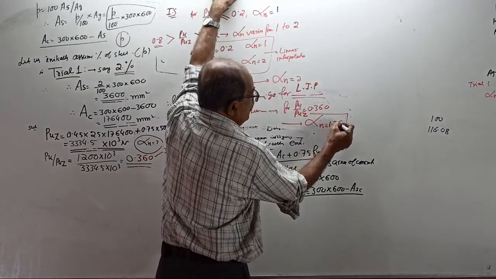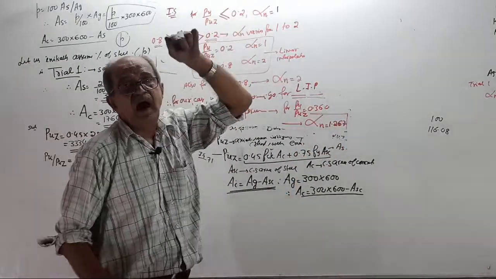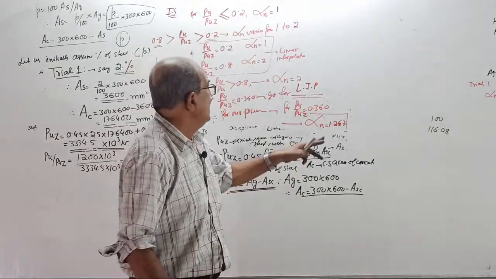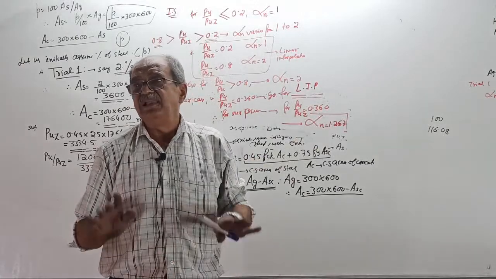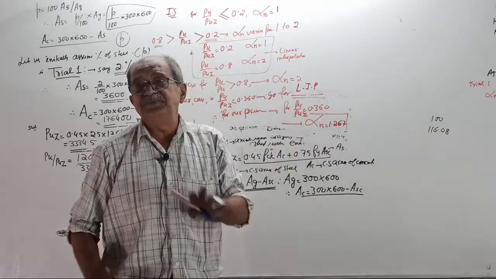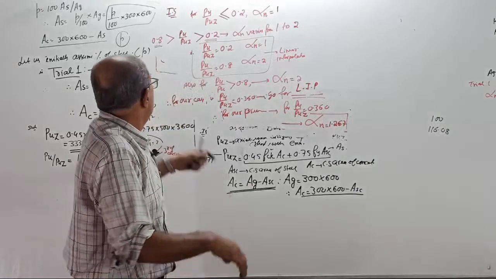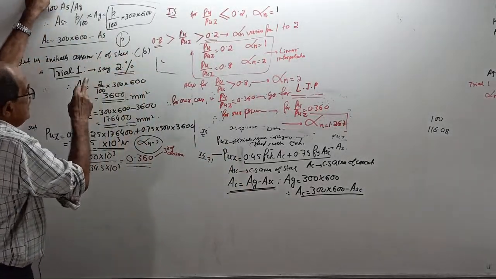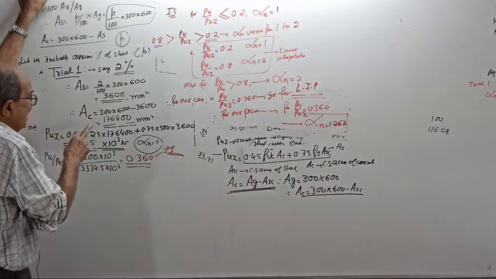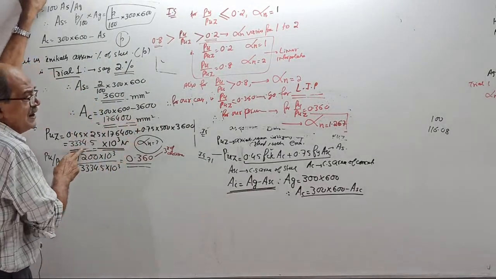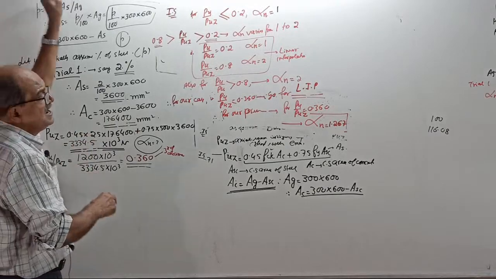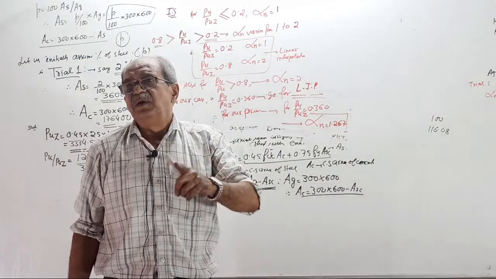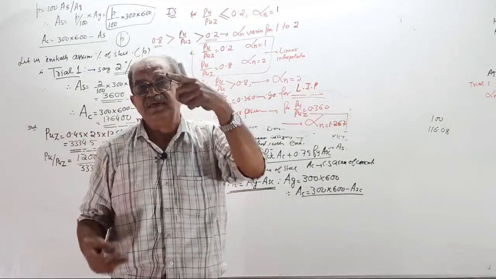1.267. Okay, now too much time is there. When I ask you in continuation what is alpha n, you have to tell 1.267. In the subsequent trials, if I get different PU when I change the steel, the area of steel will change, the area of concrete will change, PU will not change, PUZ will change, the ratio will change. Then alpha n, without my explanation, can you give or not?